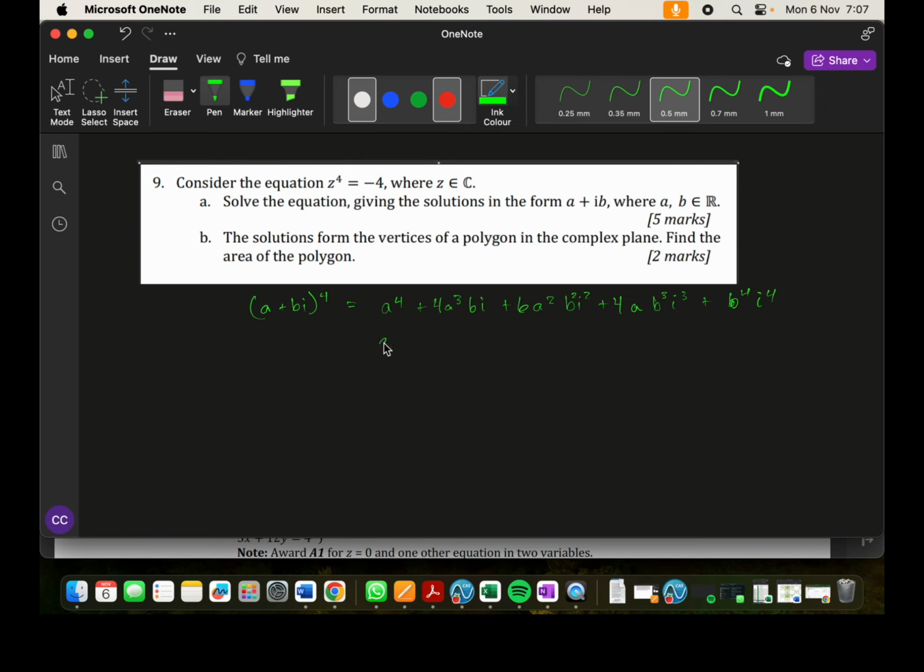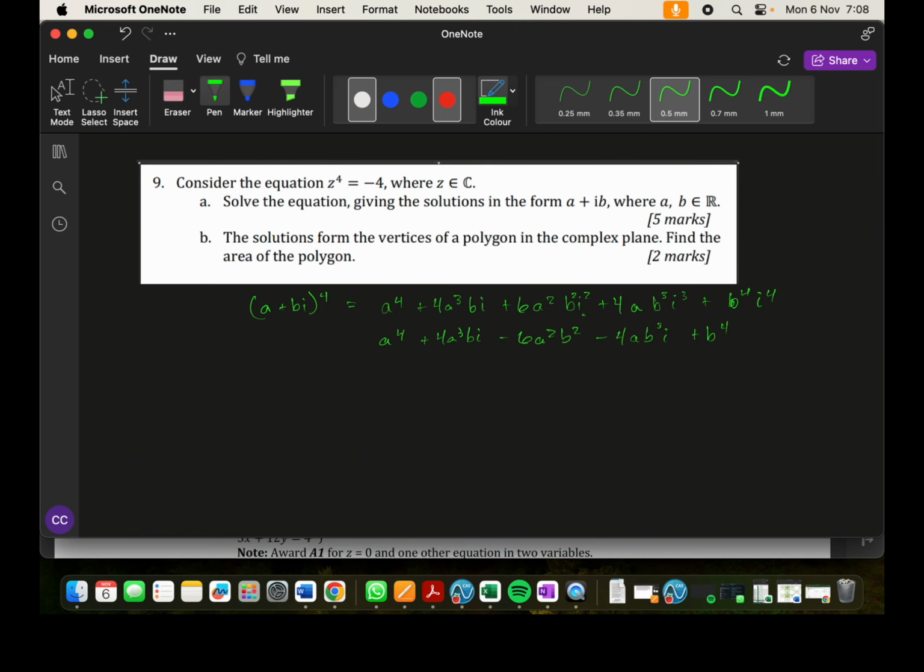Simplifying that, I would end up with a to the 4th plus 4a cubed bi. The i squared becomes negative, so minus 6a squared b squared. The i cubed simplifies to negative i, so minus 4ab cubed i, and i to the 4th is 1, plus b to the 4th.